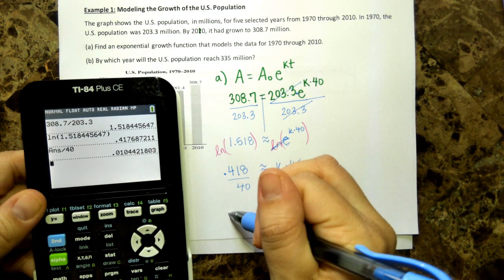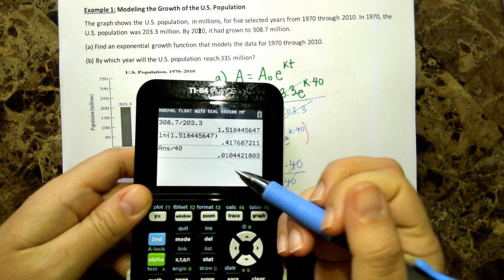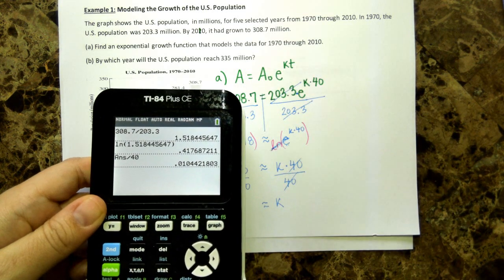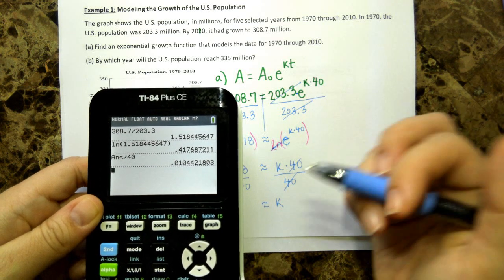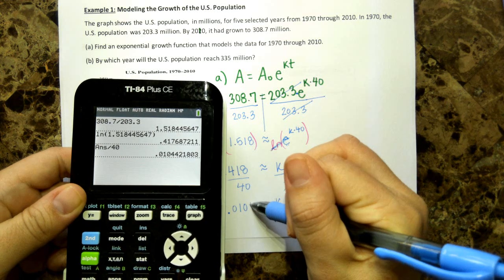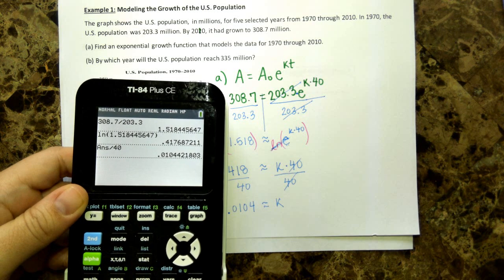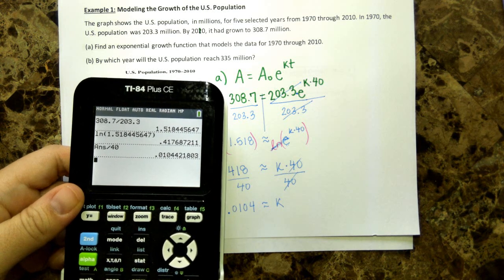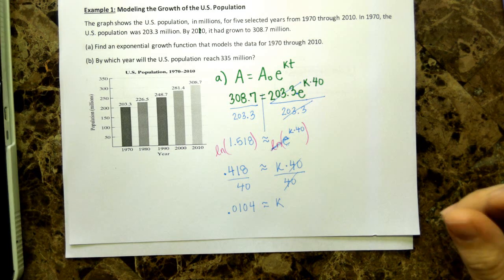It is 0.01044. It doesn't tell us how many decimals to round to, so I'll go ahead and just round to 4 decimals. But if it tells you how many decimals, you can follow that guideline. It didn't tell us here though. And there's our k value.